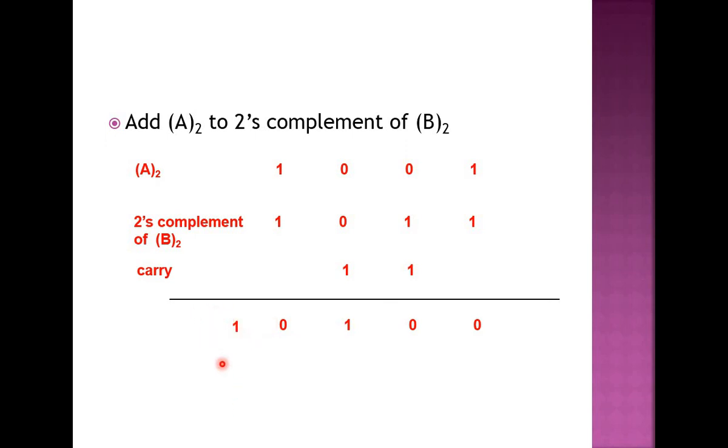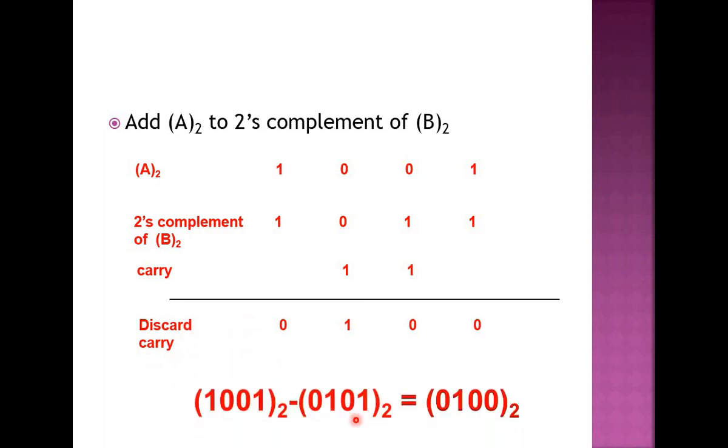Now we get the carry. So this carry indicates that the result is positive, and now we have to discard the carry. So we are neglecting the carry here, and the result is 1001 to the base 2 minus 0101 to the base 2 is equal to 0100 to the base 2.